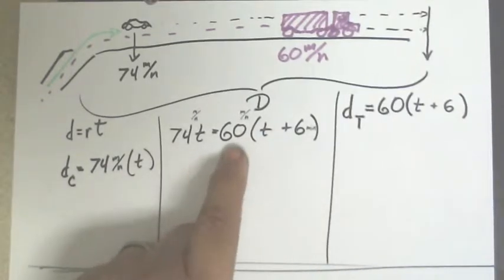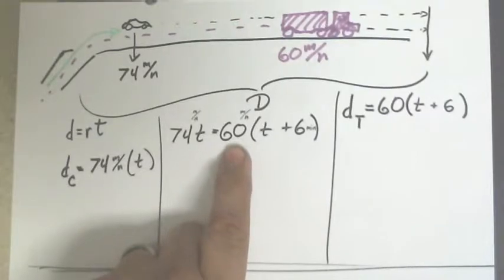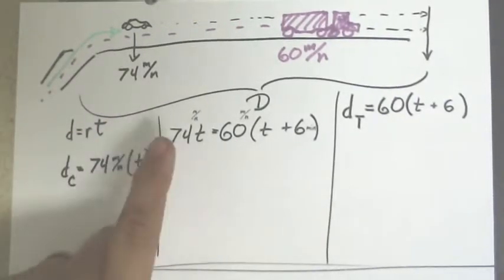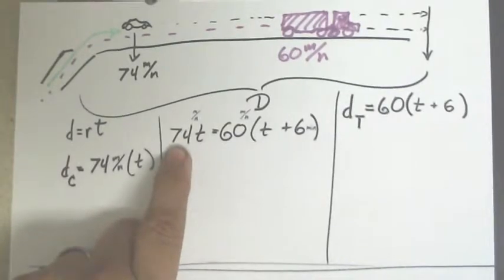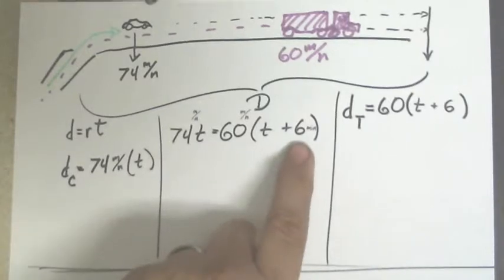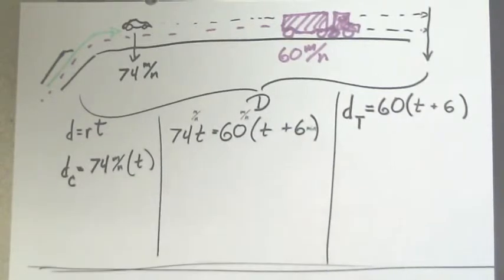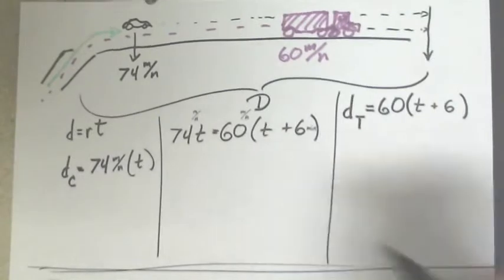So we have to either convert 60 miles an hour to so many miles per minute by multiplying by 60, 74 miles per hour to miles per minute by multiplying by 60, or 6 minutes into how many hours that is. The nice thing is 6 minutes is a tenth of an hour. 6 divided by 60 is a tenth.